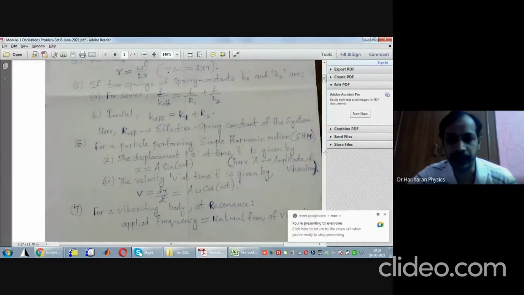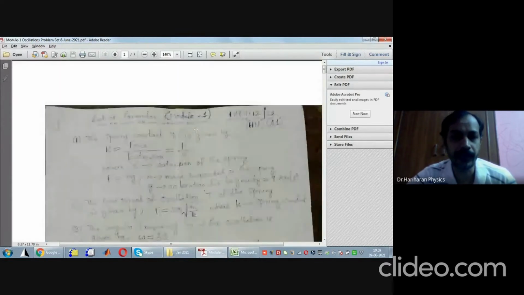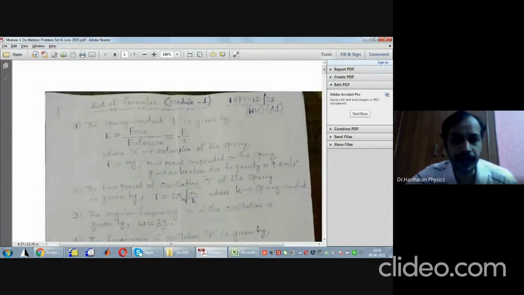Okay, first, as usual, the first formula is the spring constant K. So what is the definition of spring constant? K is equal to force per unit extension as per Hooke's law.